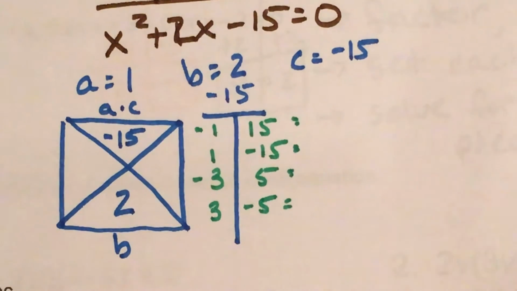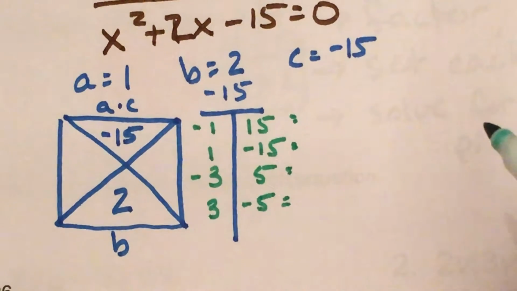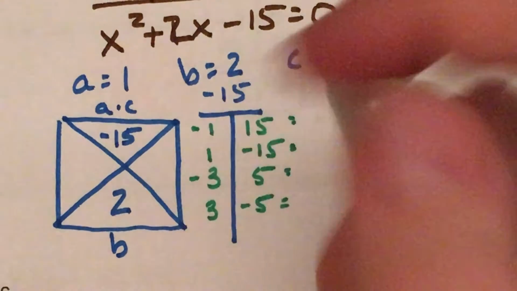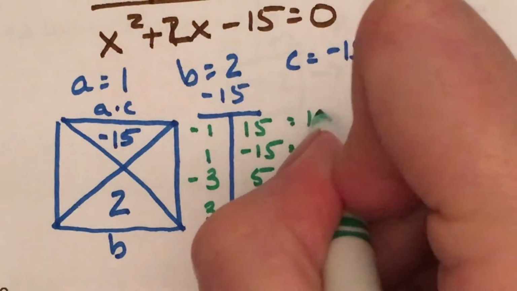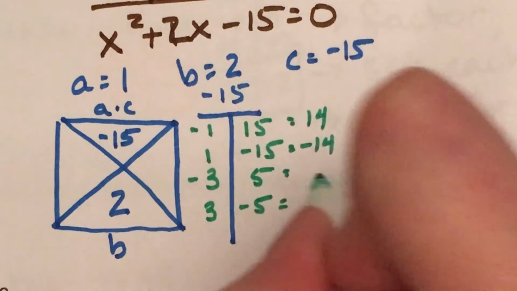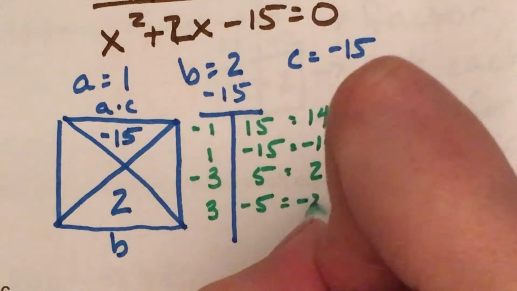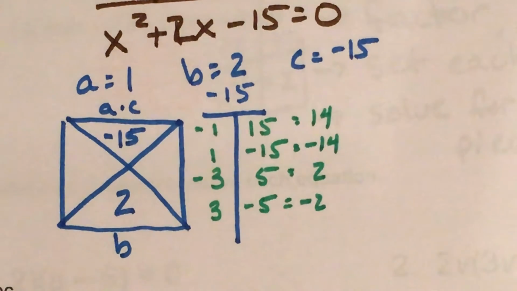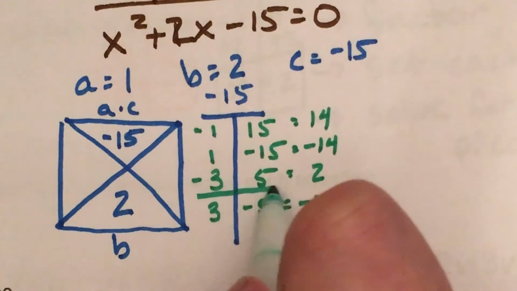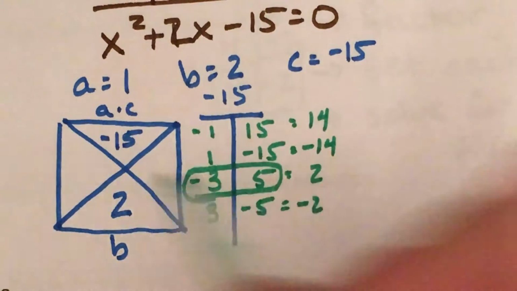So what are we looking for as the sum? What are we trying to make? Yeah, it's 2. So which pair made the 2 that you wanted? Good, the -3 and the 5.